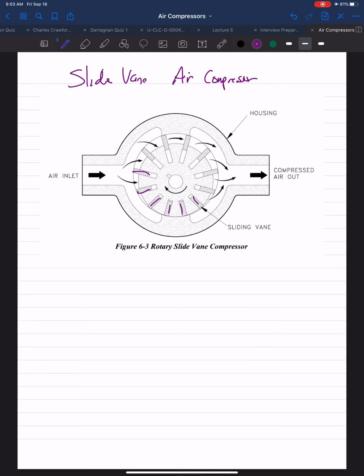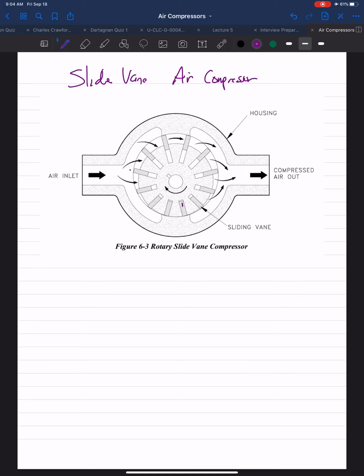As it rotates, it operates under centrifugal force. If you take a look at this one, you can see the vane, which would be the gray part, is mostly in the casing. But as it rotates, the casing is longer, with the vanes being the same size. So the vanes, by the centrifugal force, are forced outward.